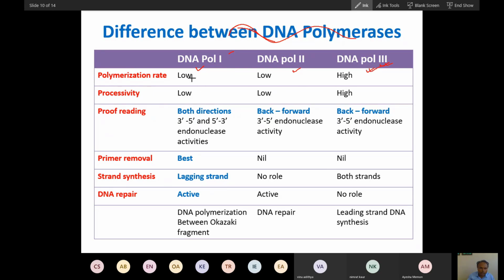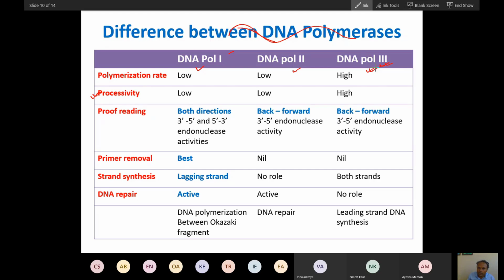Let's compare this first. Processivity: what is processivity? Processivity is the polymerization capacity to add nucleotides at one time. Once the polymerase binds to DNA, it will add some nucleotides, then it will separate. This is called processivity.